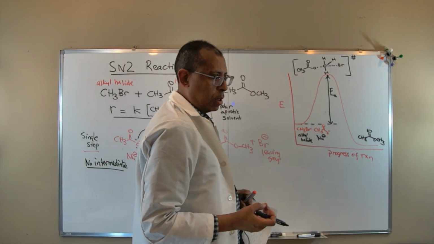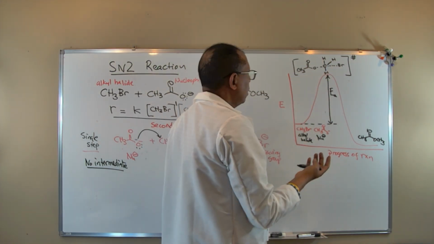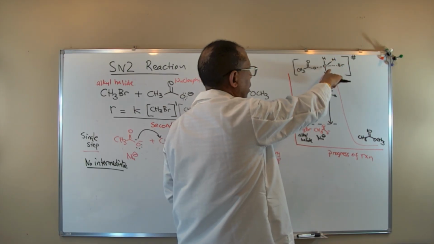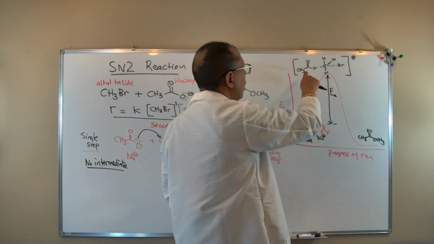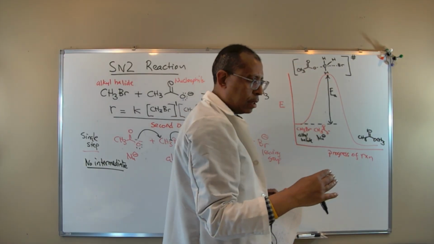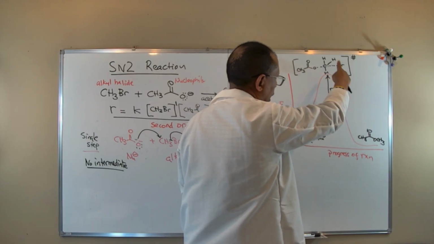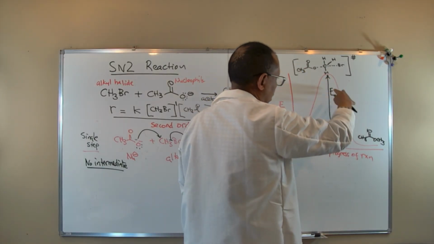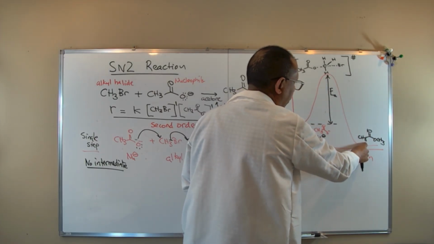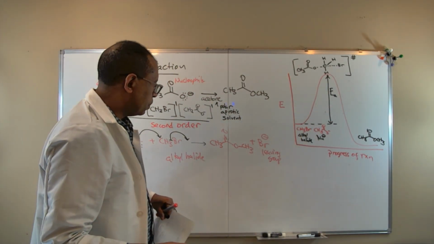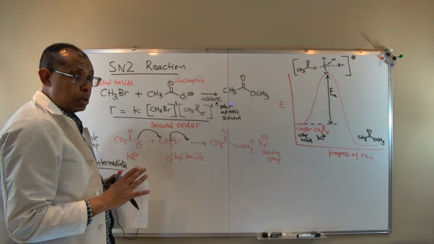That's your starting material. It goes to the transition state. It is activated. When it's activated, the carbon-bromine bond is about to be broken, but the oxygen-carbon bond is about to be made. Now it collapses once everything is in place and the reaction proceeds. You have the final product.